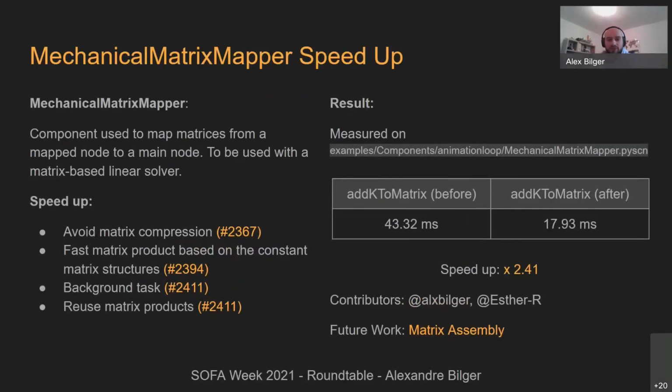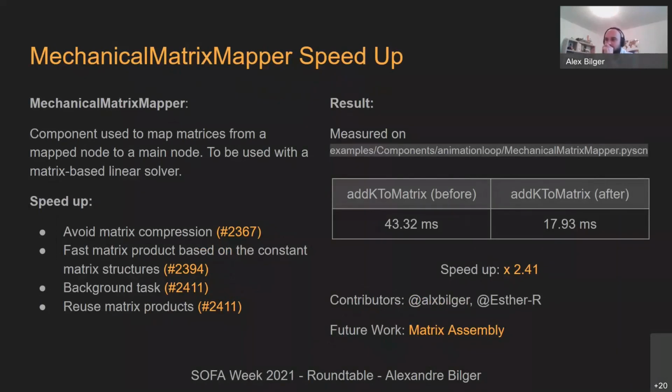So I'm going to present my main project at the end of the morning, but this is just to say that I worked with Esther on the mechanical matrix mapper to speed it up. If you don't know this component, it's used to map matrices from a mapped node to a main node.